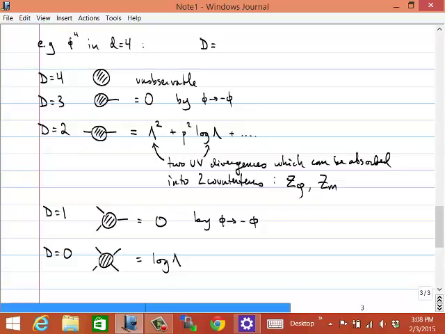And this UV divergence is absorbed into the counter term for the lambda phi to the 4th interaction.